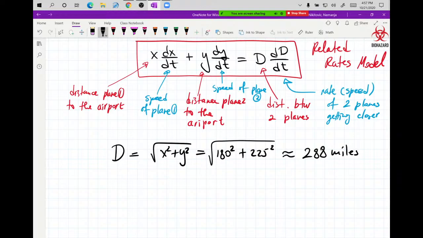So now you can plug all of these values in and compute dd/dt.